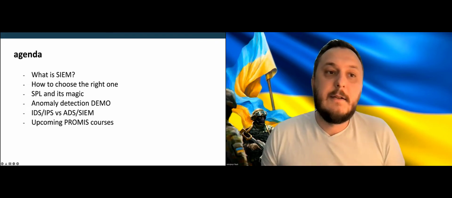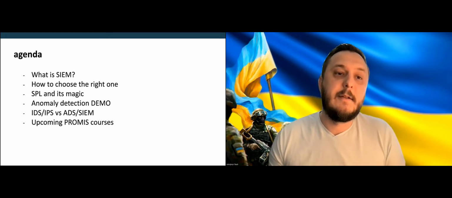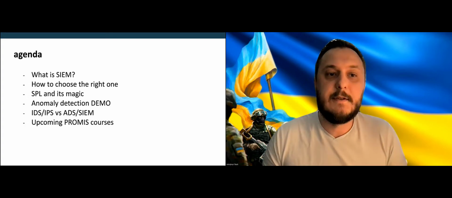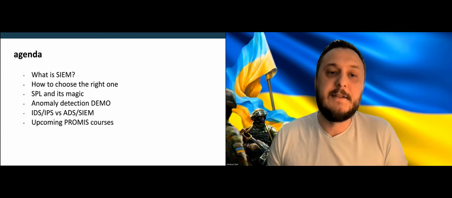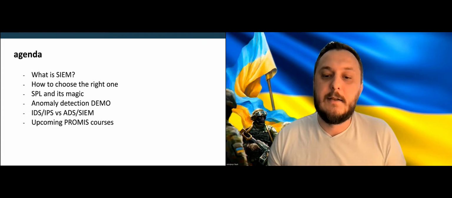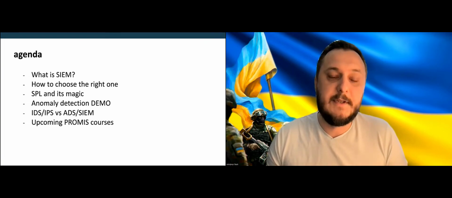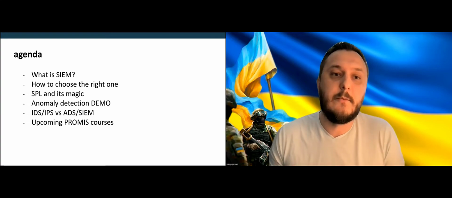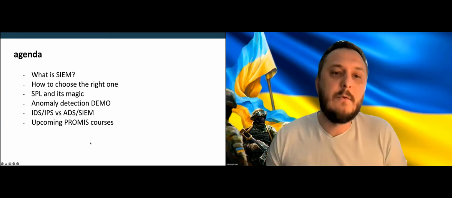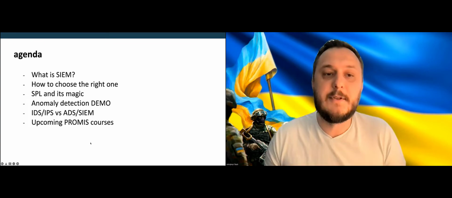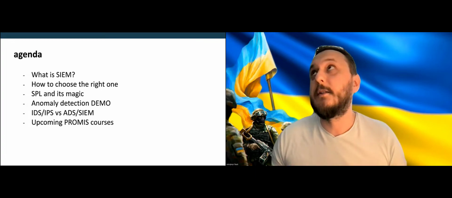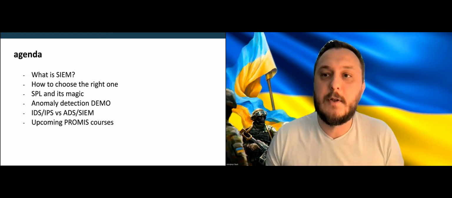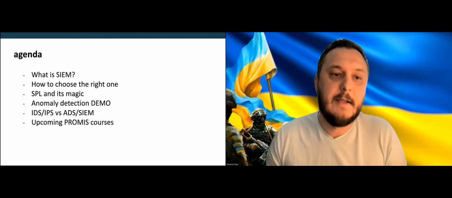So first, our agenda is going to be this. We'll consider SIEM for anomaly detection, but before that we have to start with defining what SIEM is, for those who are not familiar with these systems. Then we will try to understand how to choose the right one for you specifically.